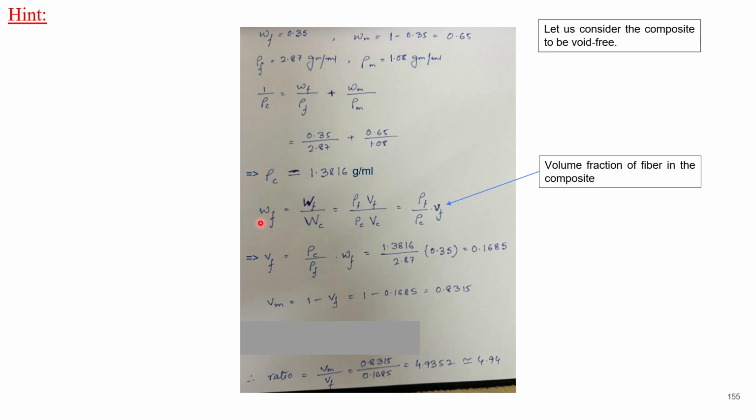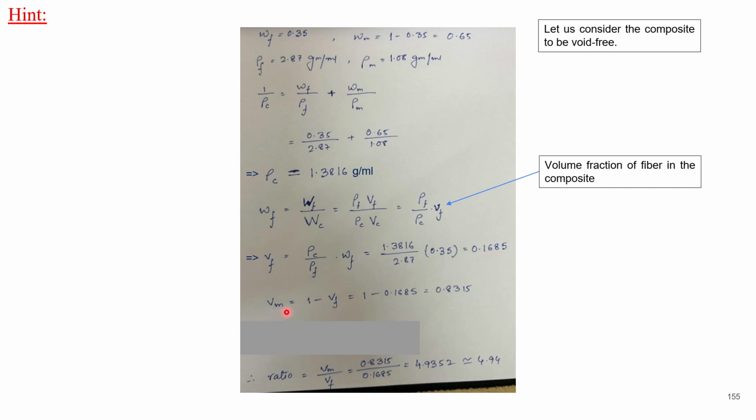So if you remember this equation, Wf equal to rho f by rho c into Vf. So from this we can find the Vf, which is the volume fraction of fiber in the composite, equal to rho c by rho f into Wf, which is equal to 0.1685.